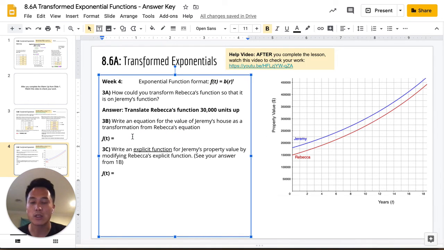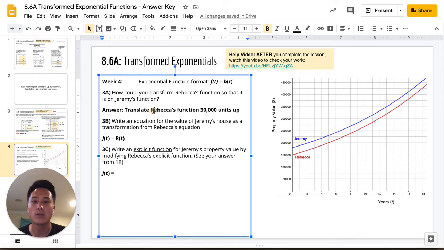Next, write an equation for the value of Jeremy's house as a transformation from Rebecca's equation. So we know that if we're doing a transformation function, I'm going to include both of the functions in the equation. So Jeremy's is equal to Rebecca's, except I have to think to myself, well, what has to happen to Rebecca's so that it's equal to Jeremy's?